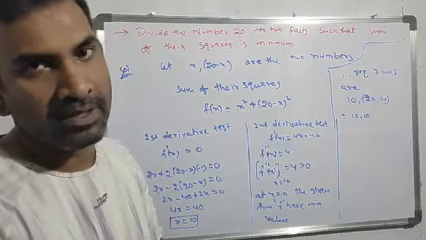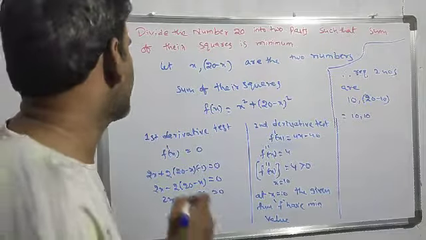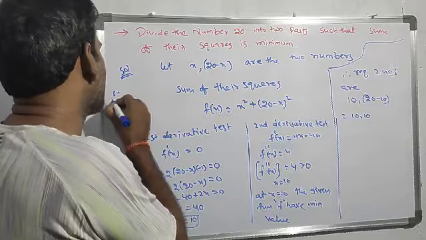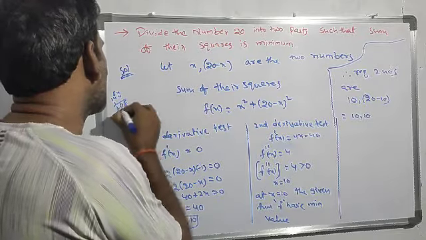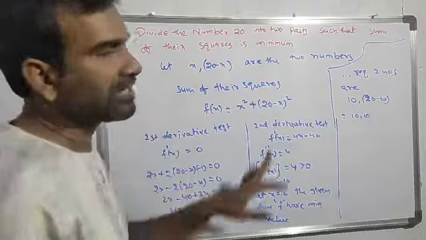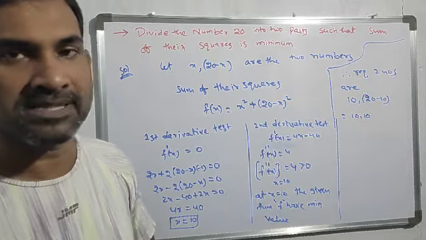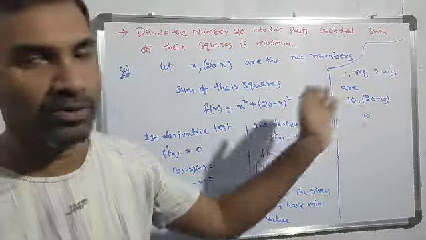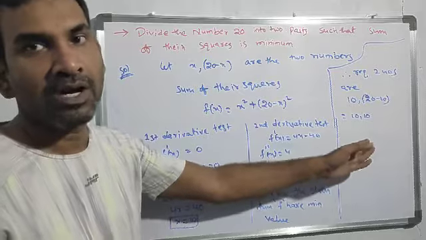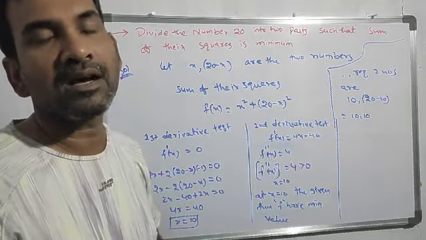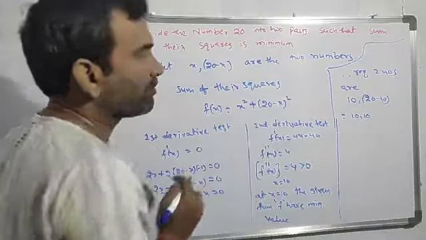For 8 comma 12, 8 square is 64 and 12 square is 144, that is 208. So if you take any other numbers, the sum of their squares becomes more than this value. So the minimum sum of the squares is 200 only.